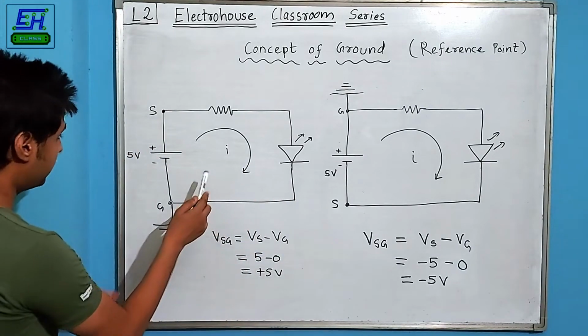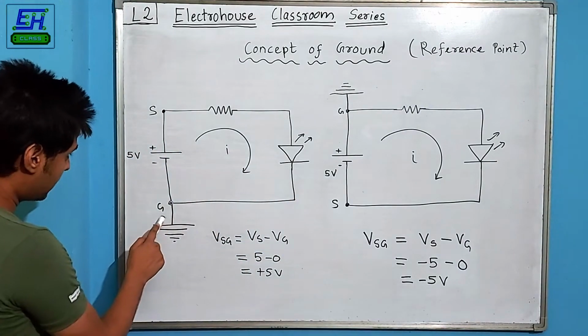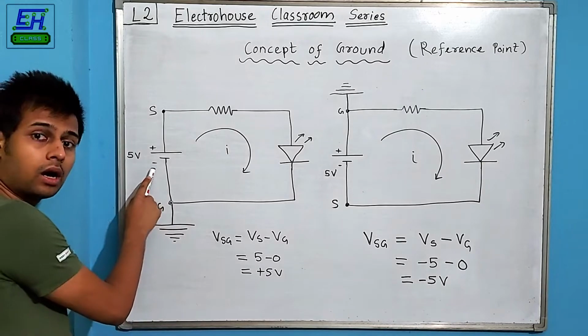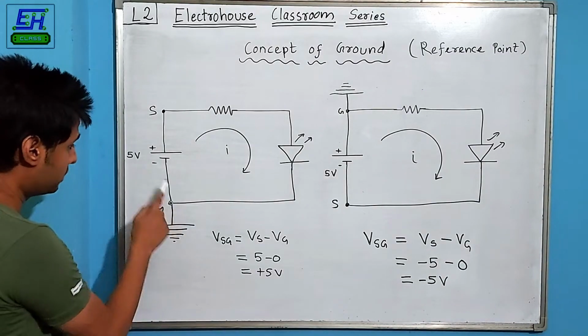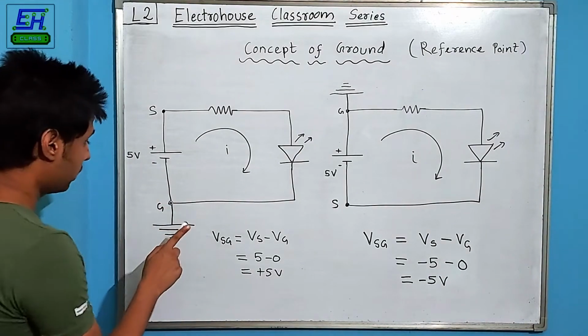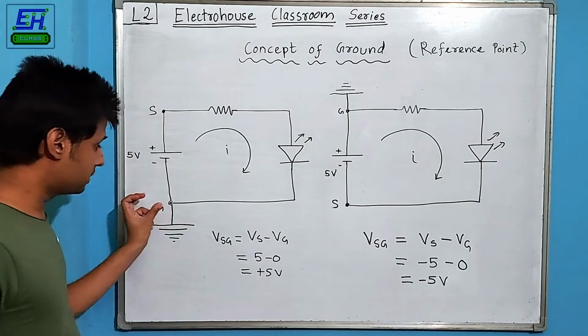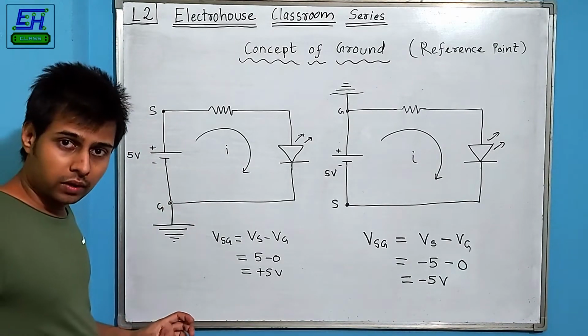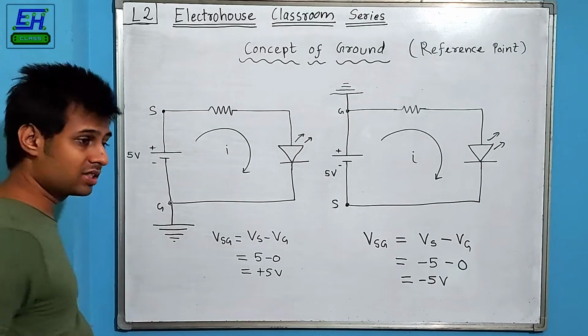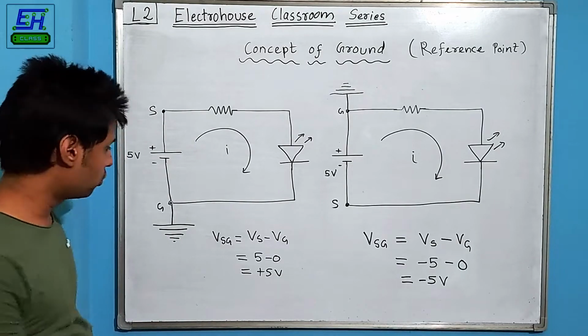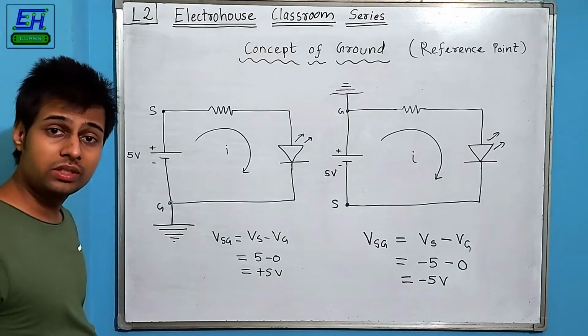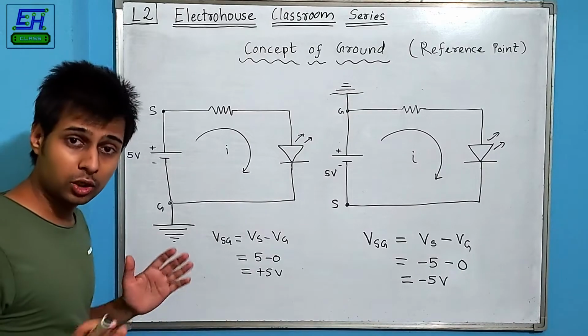See the first circuit, you can see that the ground terminal is actually connected to the negative terminal of the battery. So the symbol is connected with the negative terminal. Now here, ground is basically a reference point, so its voltage is considered to be zero. Its absolute voltage is considered to be zero.